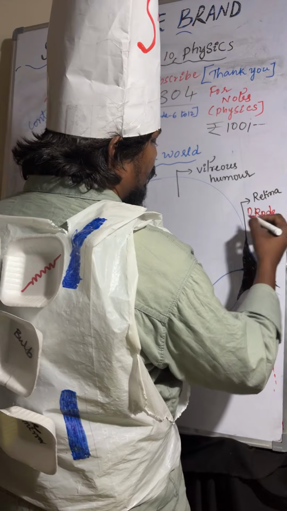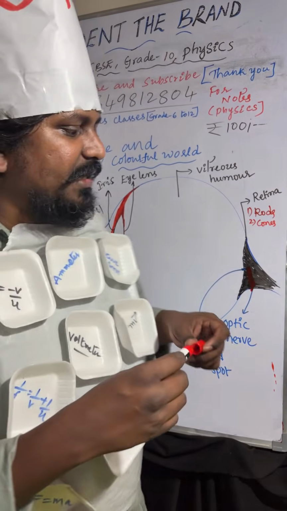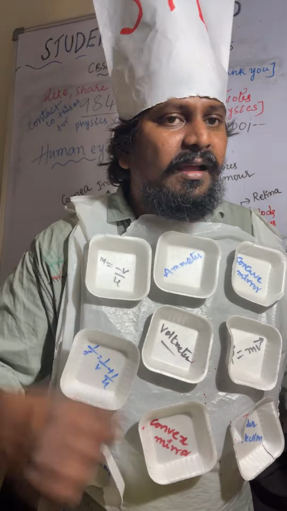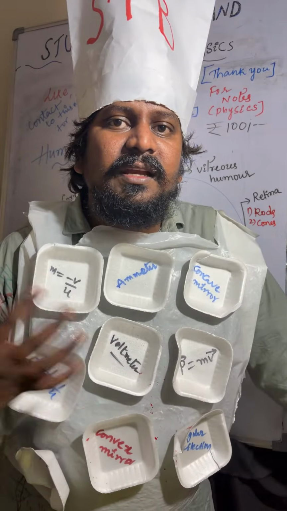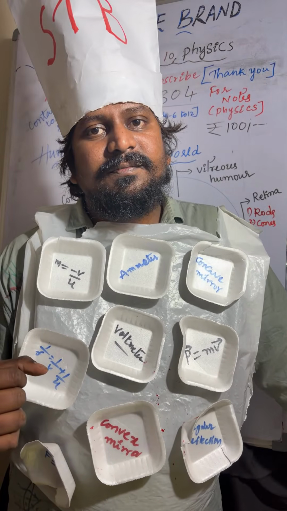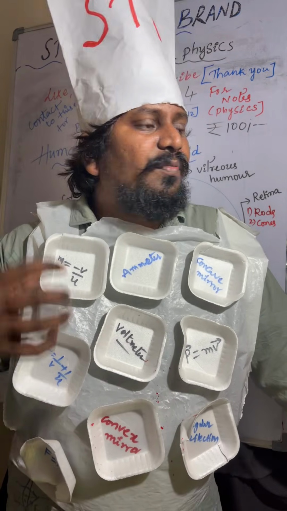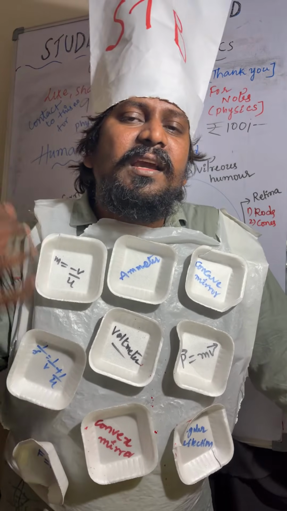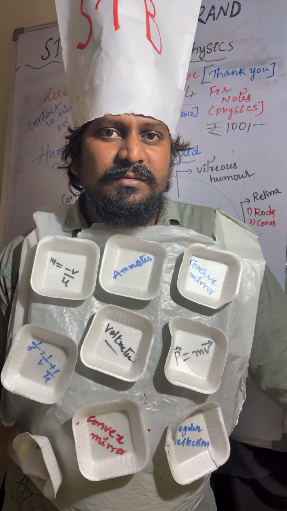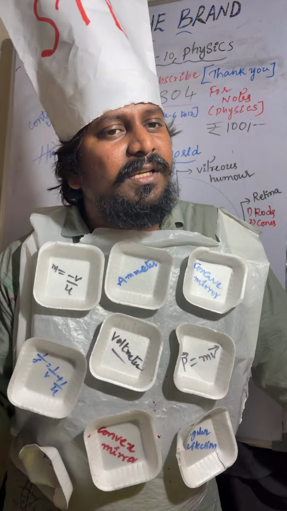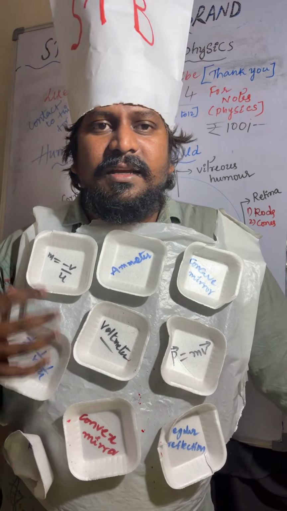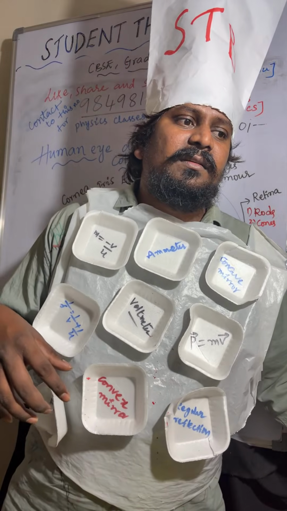Rods can sense the intensity of the light, cones can sense the color of the light. If more rods are there, we can see clearly during night time also. If more cones are there, we can see the colors.